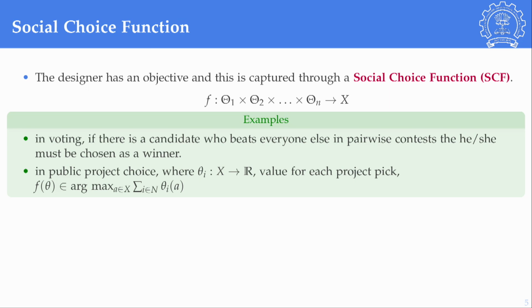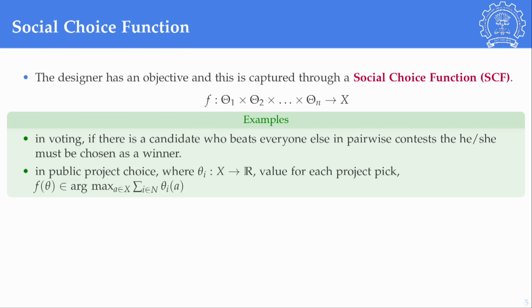So the designer's objective, what we have told so far, is that I have an objective to give the item to the maximum valued agent, right? We can capture that and also many other things by defining a function which we call the social choice function, something like the recipe that we want to satisfy. We have to cook the food, my outcome should be something like this. So this f takes all these inputs from each of these agents.